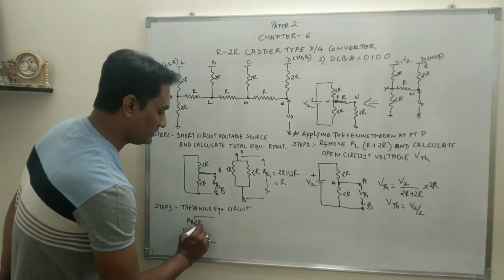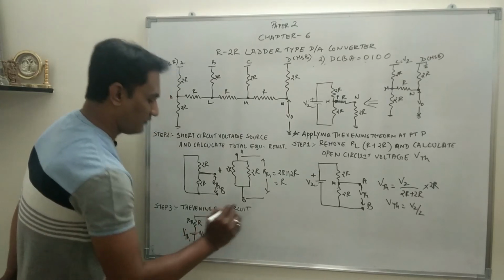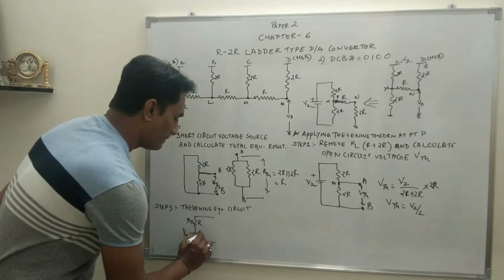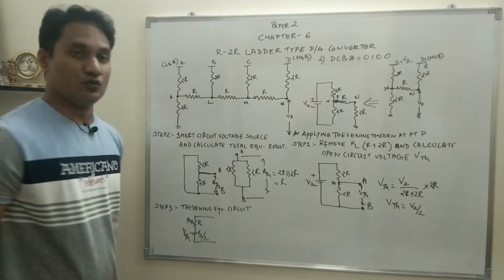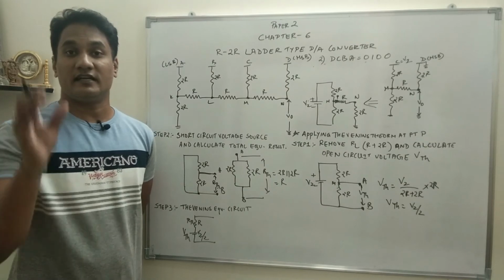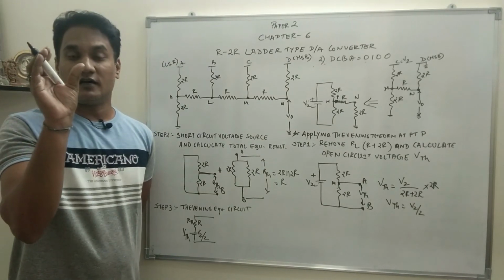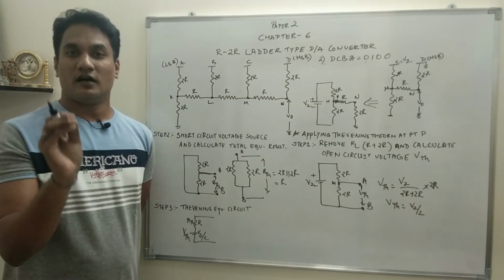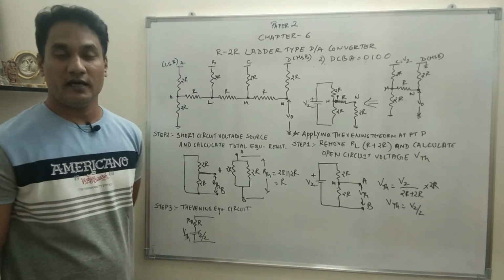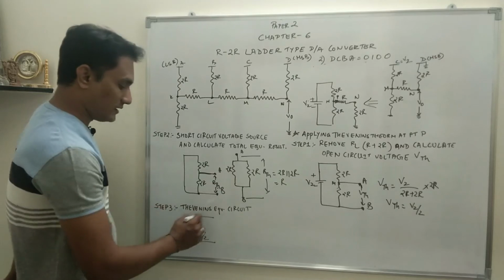The value of RTH is R and VTH is V2 by 2. This is the advantage of Thevenin's theorem, that it reduces the complex network into only one voltage source and one resistance, so that you can easily calculate the output voltage. So that is step 3.